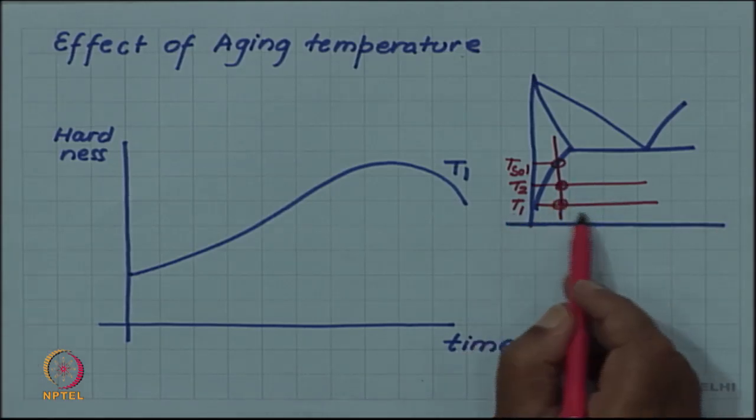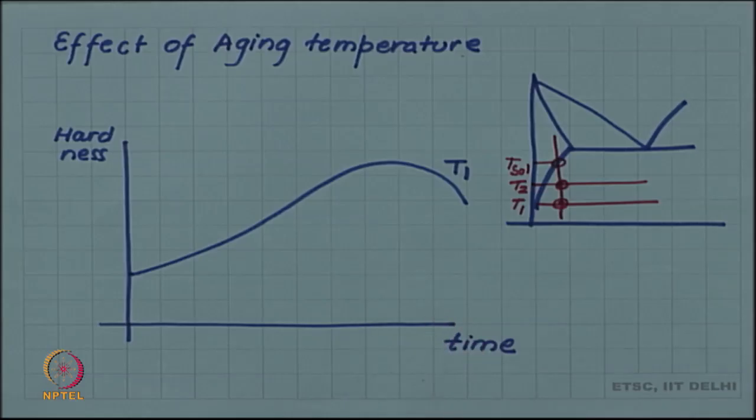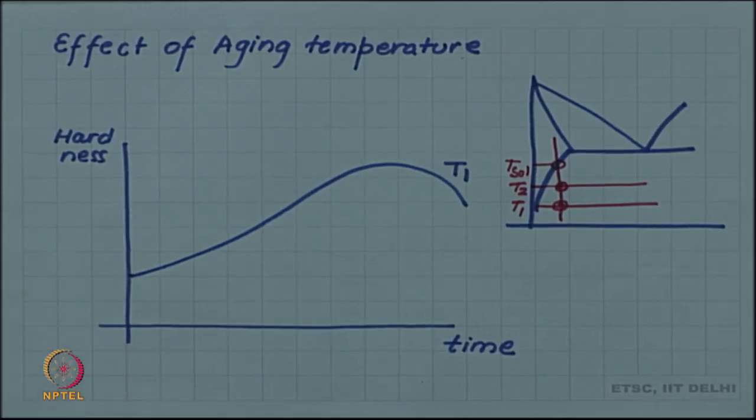So, suppose I did the aging at temperature T1 and got this curve. What will be the effect on the aging curve if I age at a higher temperature? What do we get?